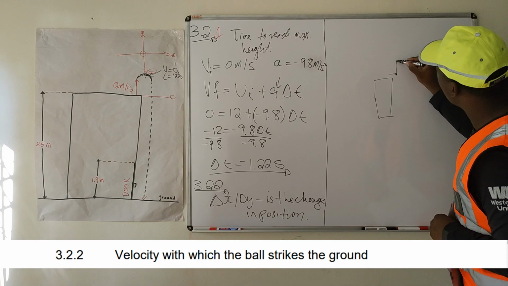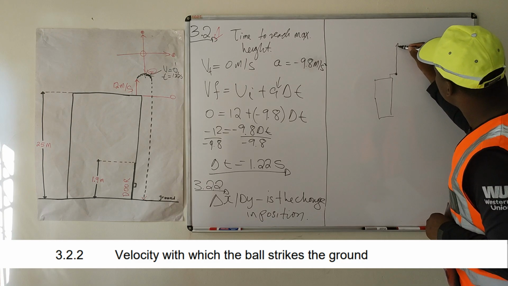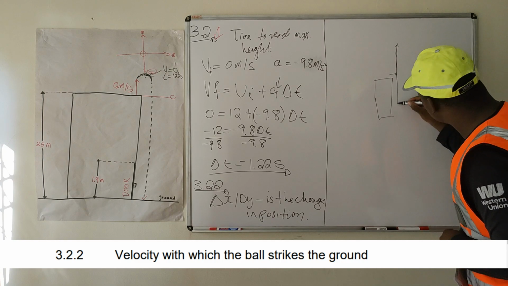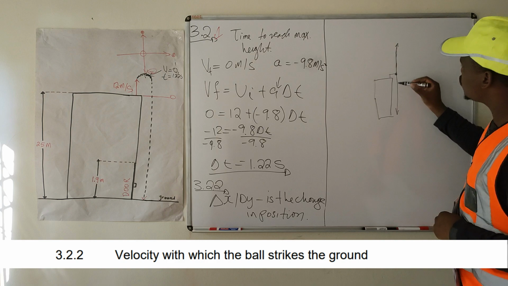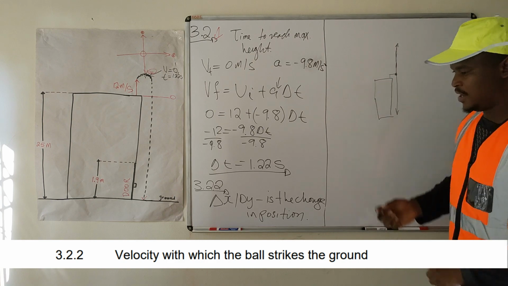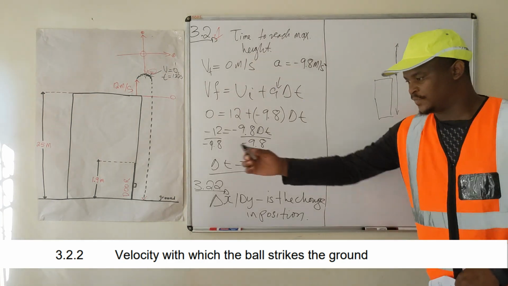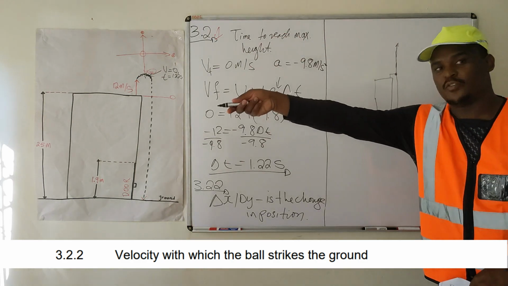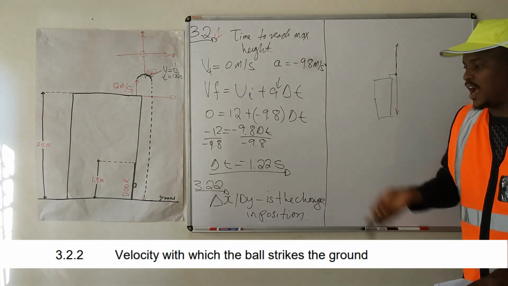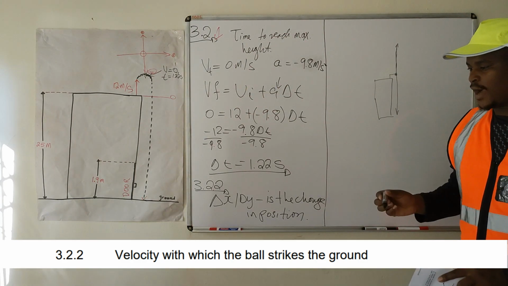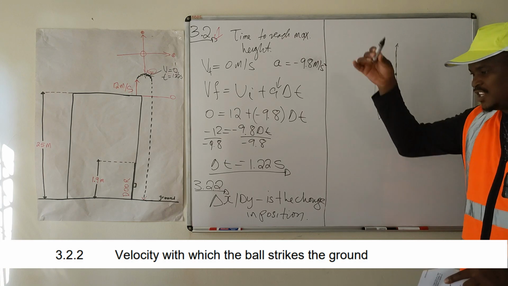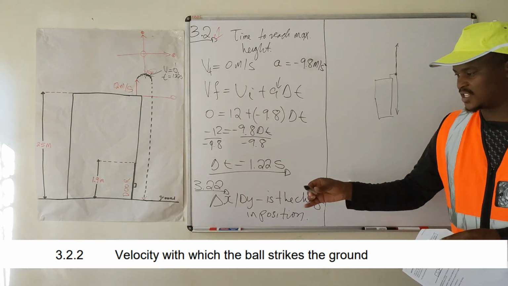So they throw the ball, it goes up, and then the ball comes down, directly down. It's not like the person threw the ball away and then it moves that way. Because if you throw it away, that ball is no longer moving vertically. It's also moving in the horizontal direction.